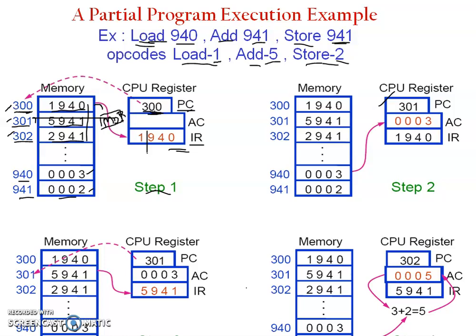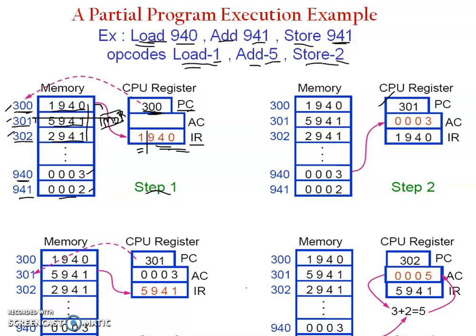When it decodes the instruction, it understands that the operation to be performed is 1, that is load. Load means you need to load some value given in the operand field, that is 940. 940 is a memory location.